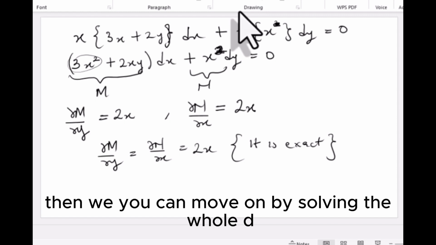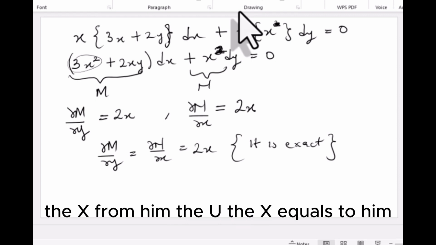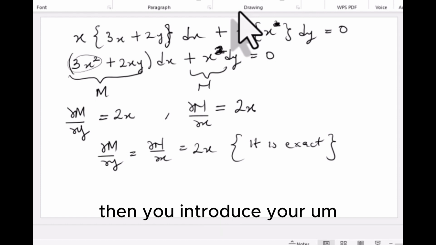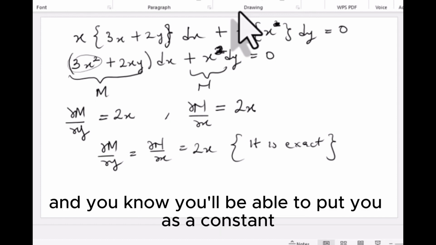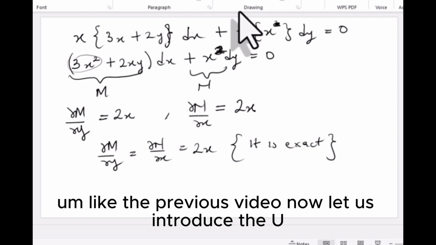Then you can move on by solving the ODE, introducing another function u, with du/dx equals M, and du/dy equals N. Then you find the u, then you introduce your constants, and you'll be able to put u as a constant. Just the same step we followed in the previous video.